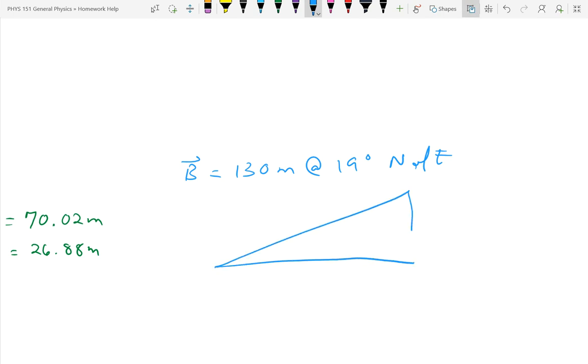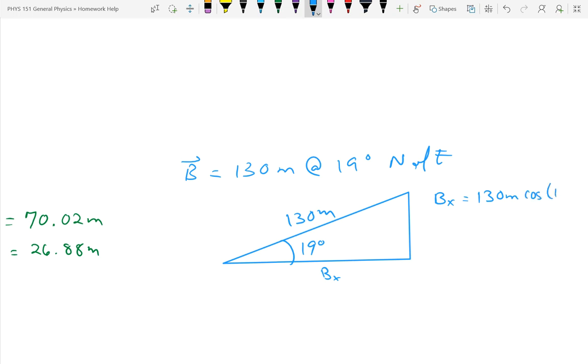Once again, perfect triangle. So this side is 130 meters. This is 19 degrees. So BX, is BX opposite or adjacent? Adjacent. So that means it's going to be the hypotenuse times cosine of my angle.